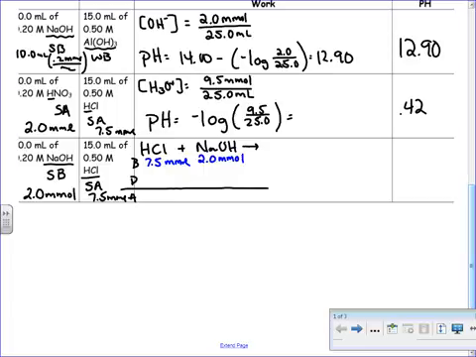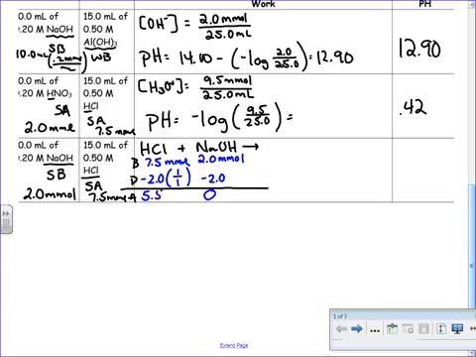Determine the limiting reagent by dividing those moles by their coefficients. It's 1 to 1, makes it nice and easy. So we clearly know that the sodium hydroxide is going to run out first. So this goes down by 2 millimoles. Hydrochloric acid goes down by 2 millimoles times the mole ratio, 1 over 1. Even if it's a 1 to 1 mole ratio, you need to show me your mole ratio.